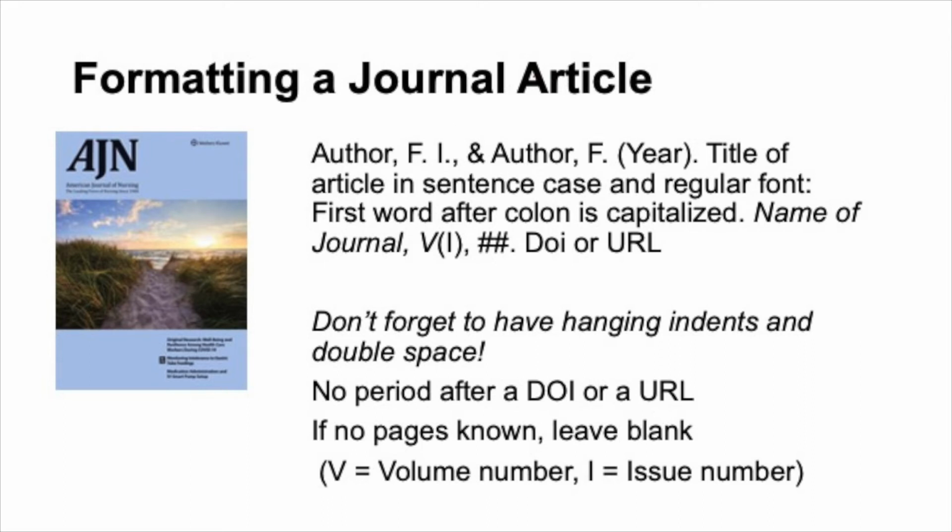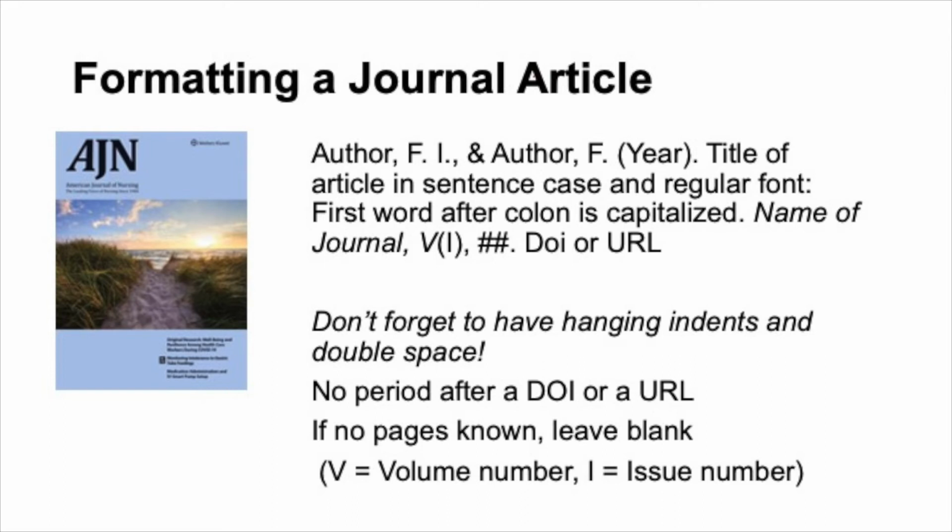For all your journal articles, typically there's going to be either a DOI or a URL. Sometimes you have to play detective when you're on the website to try to find the DOI because it may not show up right on the website where you're looking, but typically you're able to open a PDF of the journal, and a lot of times the DOI is actually on the article pages.